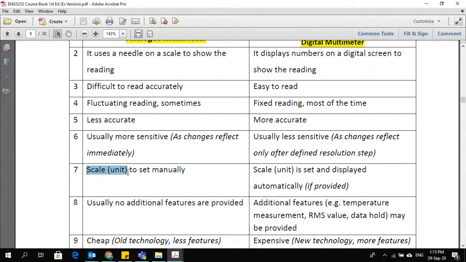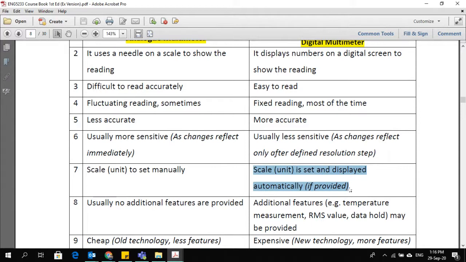On analog, the scale is set manually, or you have to look for the unit manually. But on digital, the scale or unit is set and displayed automatically if provided. If you remember, in our electronics lab you see one blue color digital multimeter, on which you switch the selector and set it. For example, if you are measuring resistance, and you select the switch from 0 to 200, it means it can measure resistance from 0 to 200 ohms.